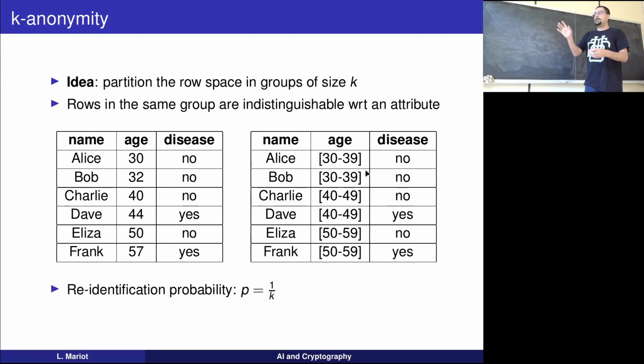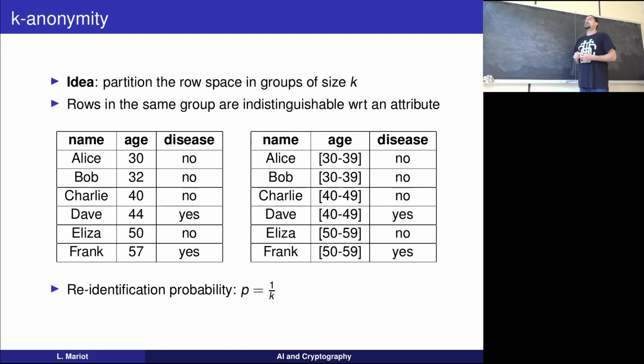Charlie and Dave will be 40 to 49, because they are 40 and 44 years old, respectively. And Eliza and Frank will go in the last group, 50 to 59. And of course, we also remove the names, because we are going to suppress these as well as in the beginning. And then we leave the attribute of the disease.